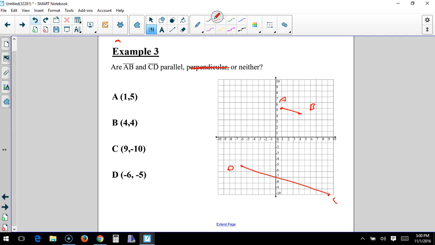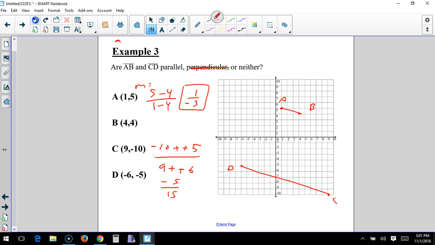So I'm just going to look at them and subtract straight down. 5 minus 4 over 1 minus 4. That's 1 over negative 3. There's my slope, negative 1/3. And then I'm going to do negative 10 minus negative 5, which is plus, over 9 minus negative 6, which is plus, which gives me negative 5 over 15.